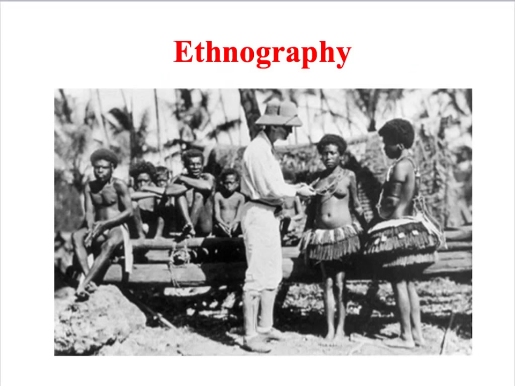And the argument that social anthropologists have made is that if you really want to understand these very different cultures, you have to immerse yourself in that particular group. You have to become a participant observer so that you can understand that culture on its own terms. And this is a style of research that has become increasingly popular in sociology.